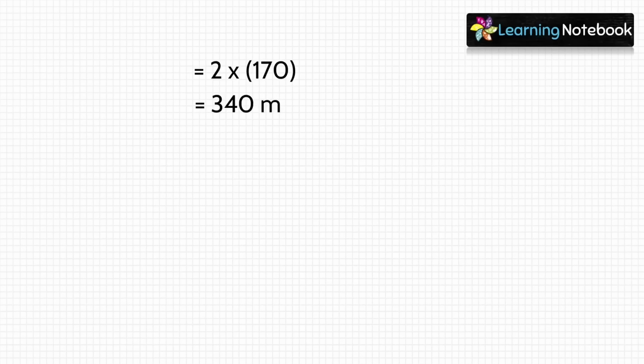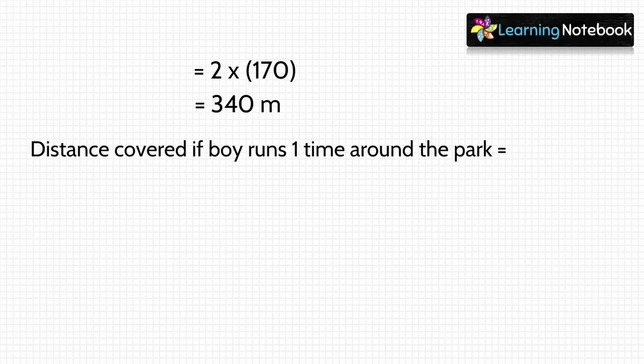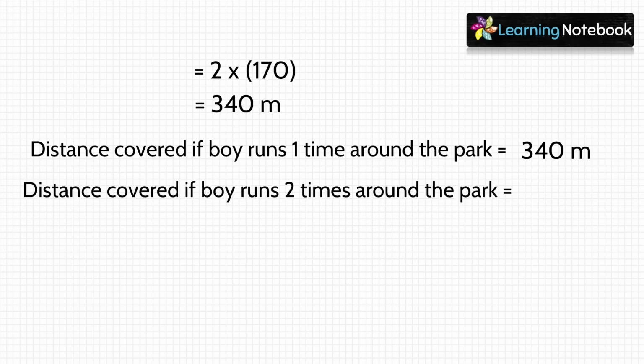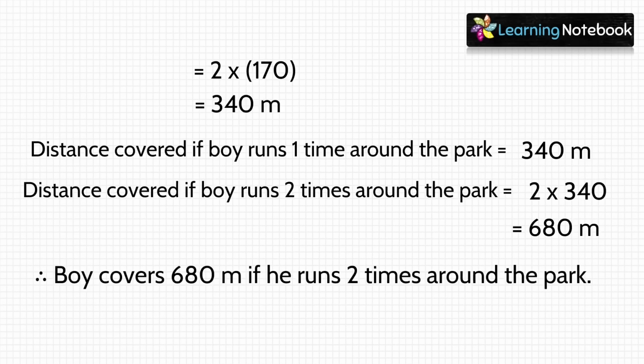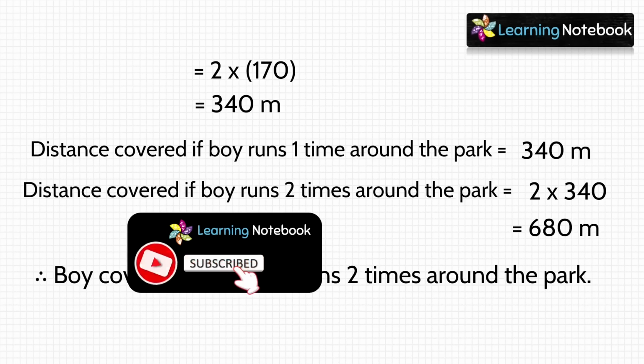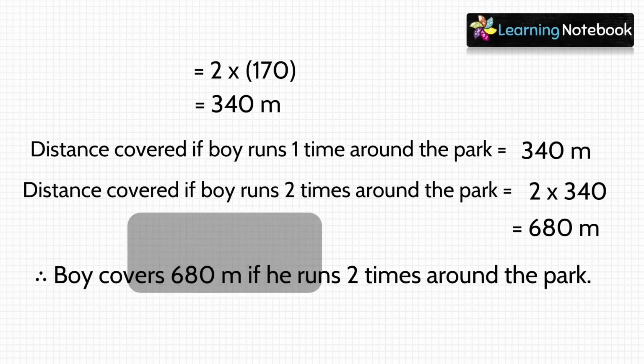So this is the distance covered by the boy if he runs 1 time around the park. Now distance covered by him if he runs 2 times around the park will be 2 into 340, which equals 680 meters. So let's write the answer statement. The boy covers 680 meters if he runs 2 times around this rectangular park.